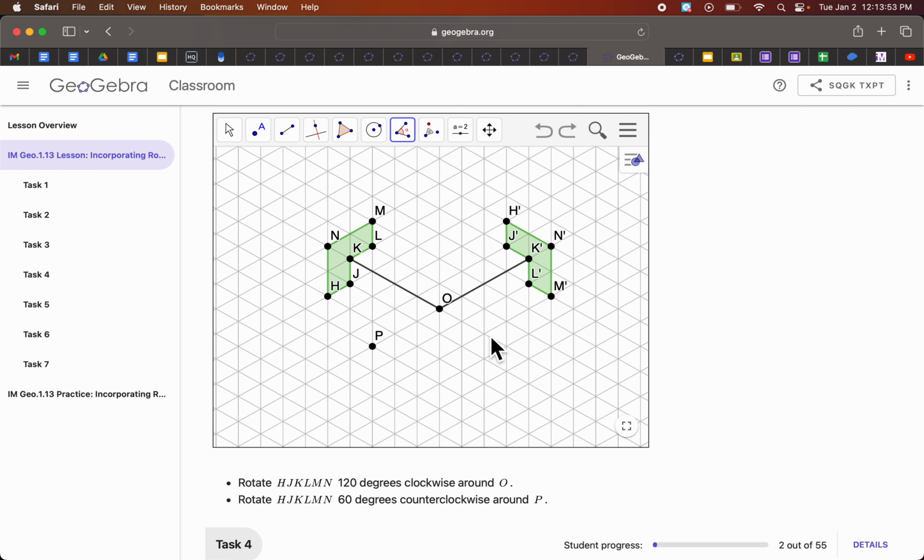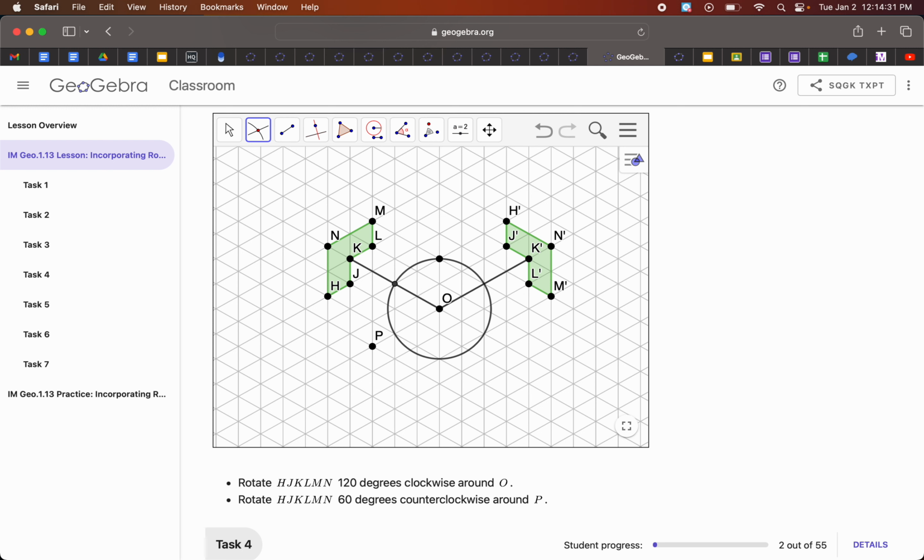Now, when I look at this, let me make an extra point here somewhere. Try right there. So if I make a circle and use this as my radius, you can see there's a bunch of times that the grid intersects with the circle.